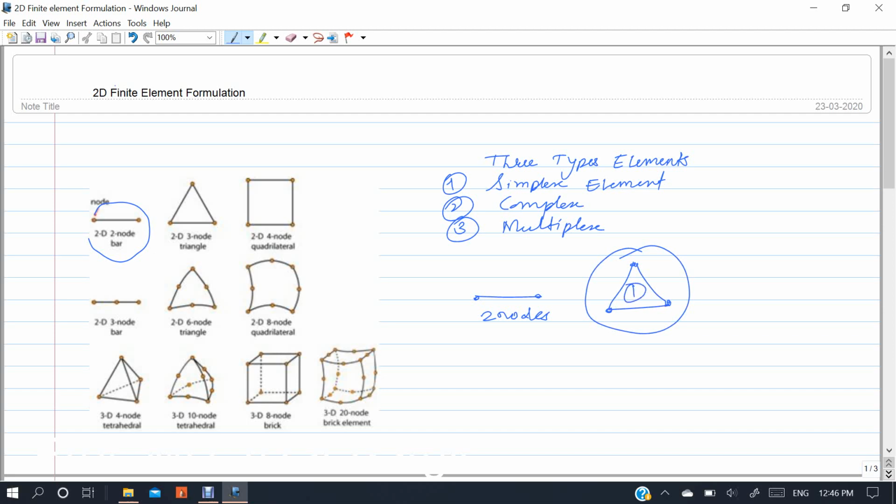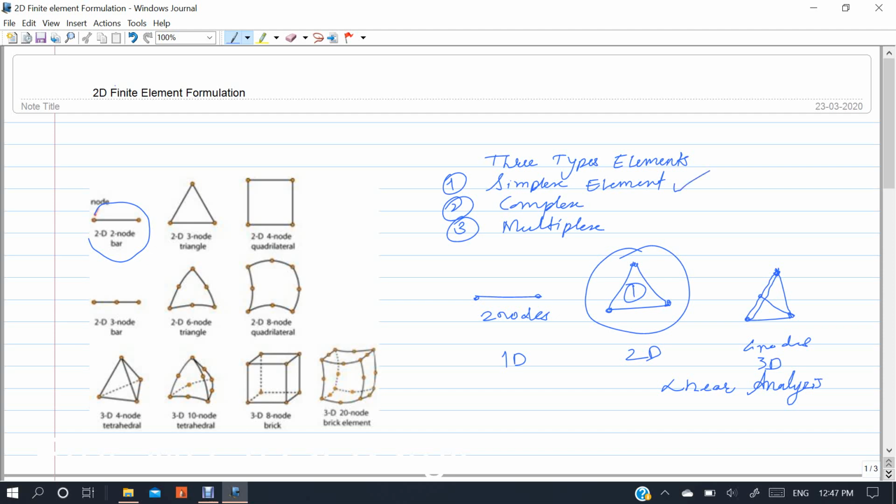This is 2D, this is 1D, and in 3D suppose we consider a tetrahedron. It has four nodes. So this is a 3D linear analysis, and it comes under this first, simplex element.